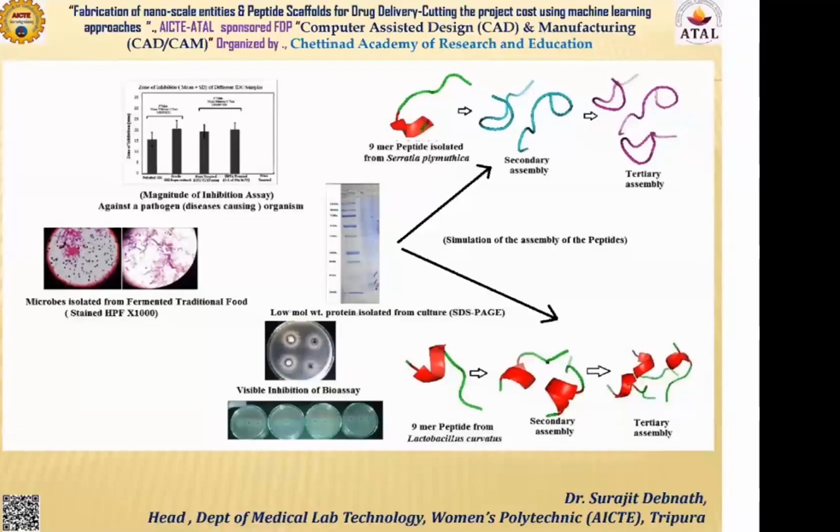This protein was subsequently monitored, studied, and analyzed, and we found that it is a nine amino acid small peptide with very low molecular weight, and there is a huge scope for it to get scaffolded and made into a larger platform on which we can generate artificial tissue. We can even use it for drug delivery and so on and so forth.